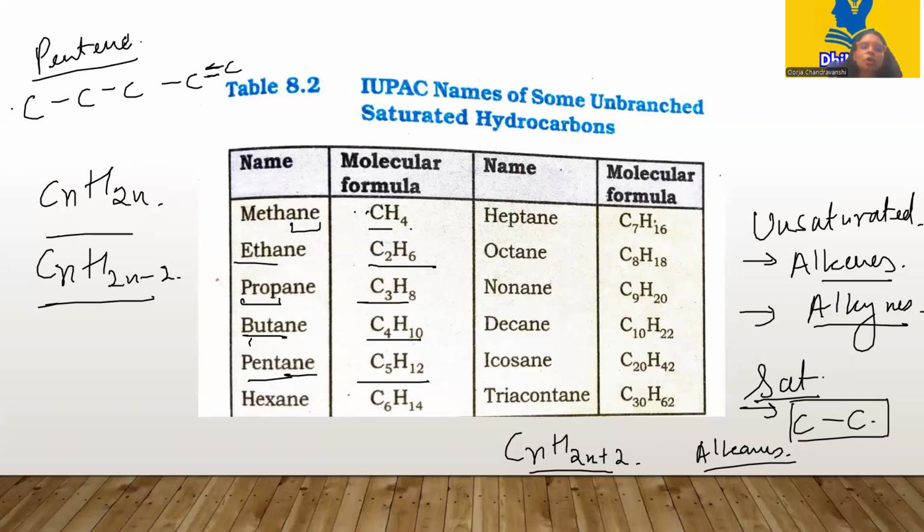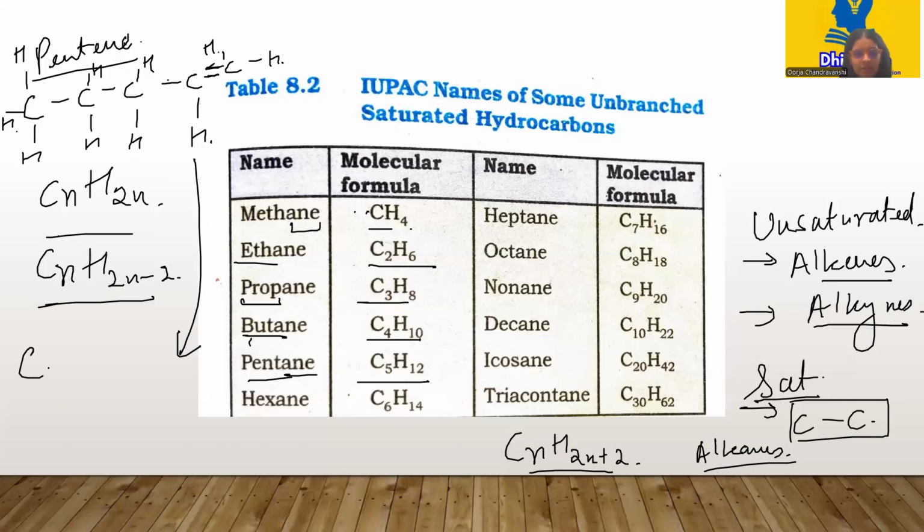Remember, whenever I've not drawn other bonds, they will always be satisfied with hydrogen. Everywhere else I have hydrogen. 1, 2, 3. So it needs only one hydrogen and this needs 2 hydrogen. So what would be the formula of this? If you count the number of hydrogen atoms, they would come out as C5H10.